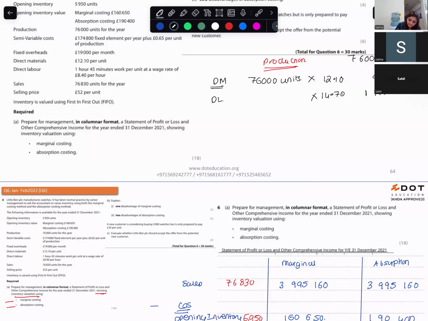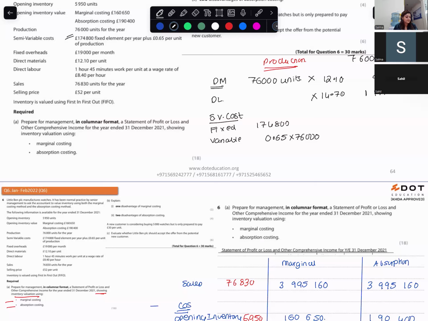Now the semi-variable cost. In the semi-variable cost, the fixed element is 174,800 and the variable element is 0.65 into 76,000.